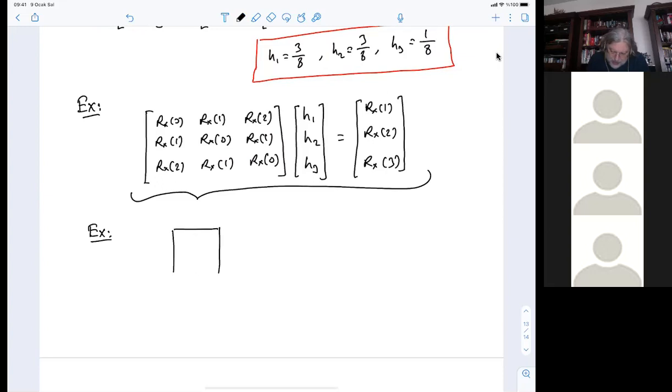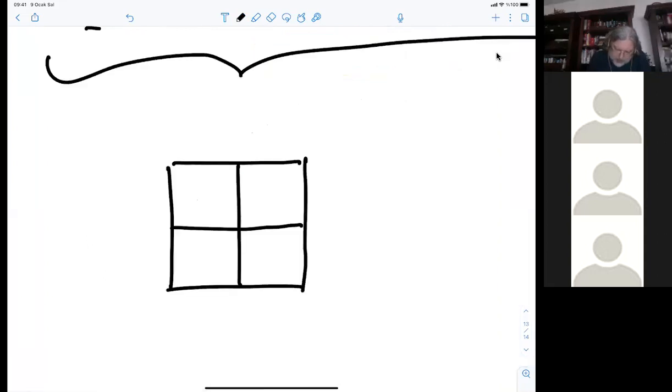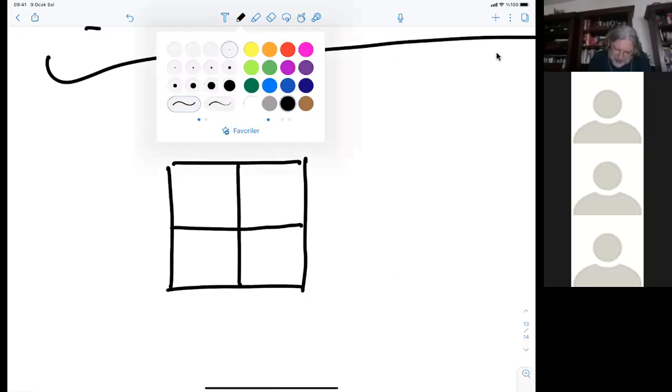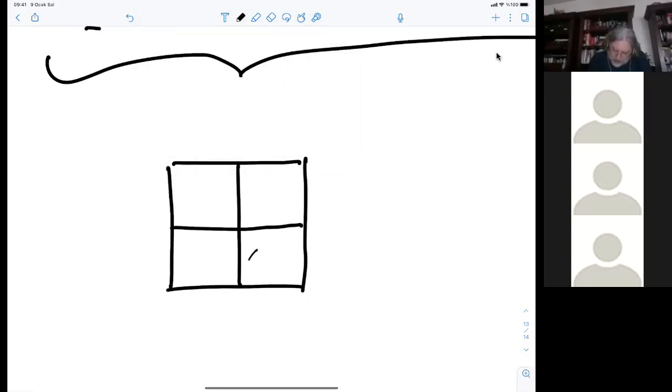The example that I will proceed from the top is something like this. Suppose that we are sliding a template of 2 by 2 pixels over the image, like the convolutional template. This is x of n m, where n is the row count and m is the column count.